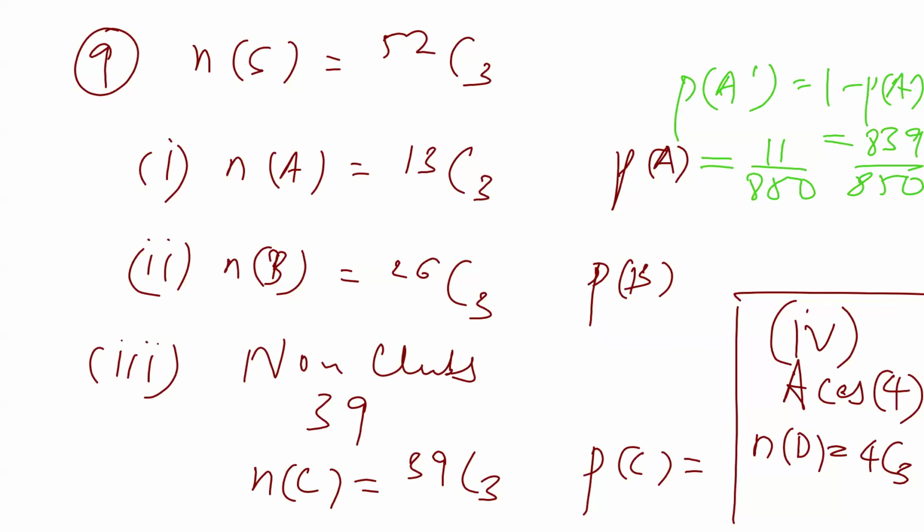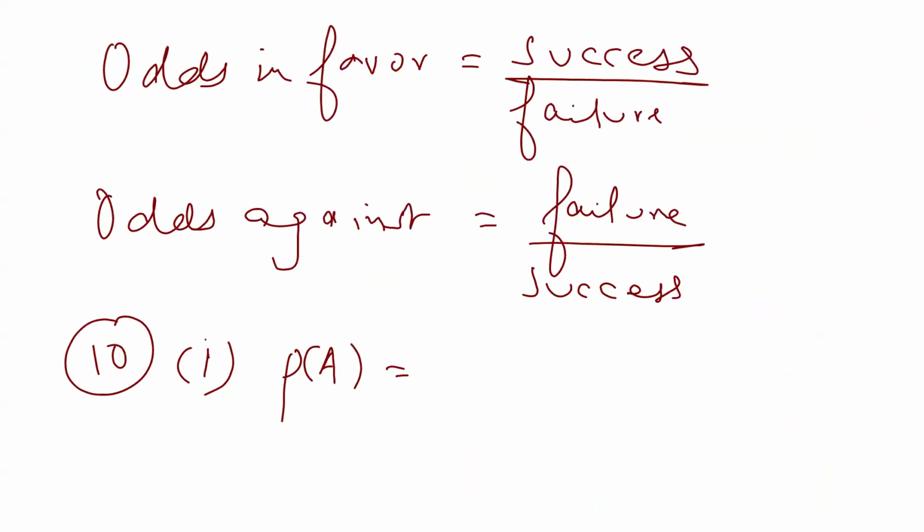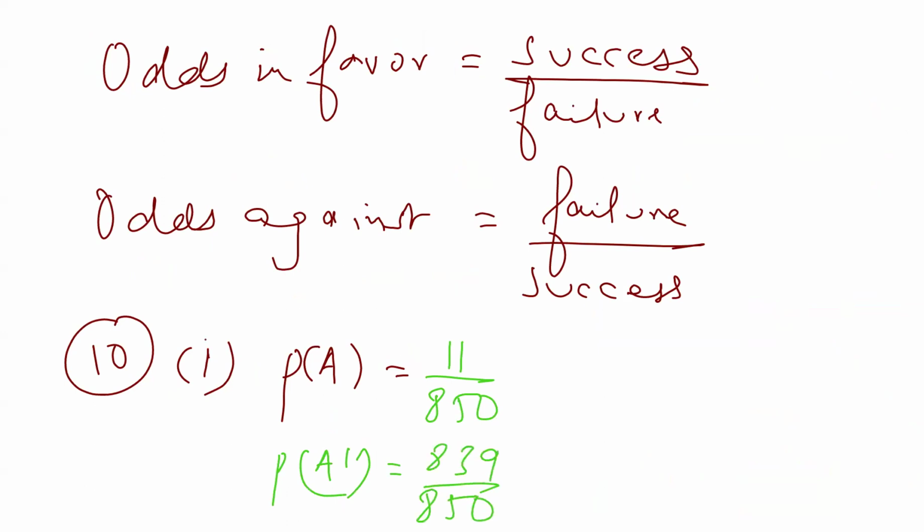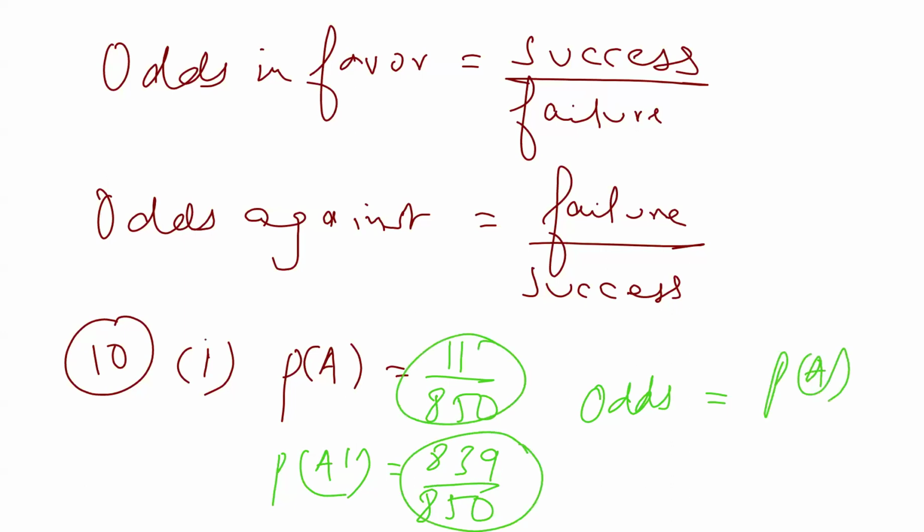So the odds in favor of this particular event: P of A we had got 11 upon 850, P of A dash is equal to 839 upon 850. So the odds in favor will be P of A upon P of A dash, 11 upon 839.